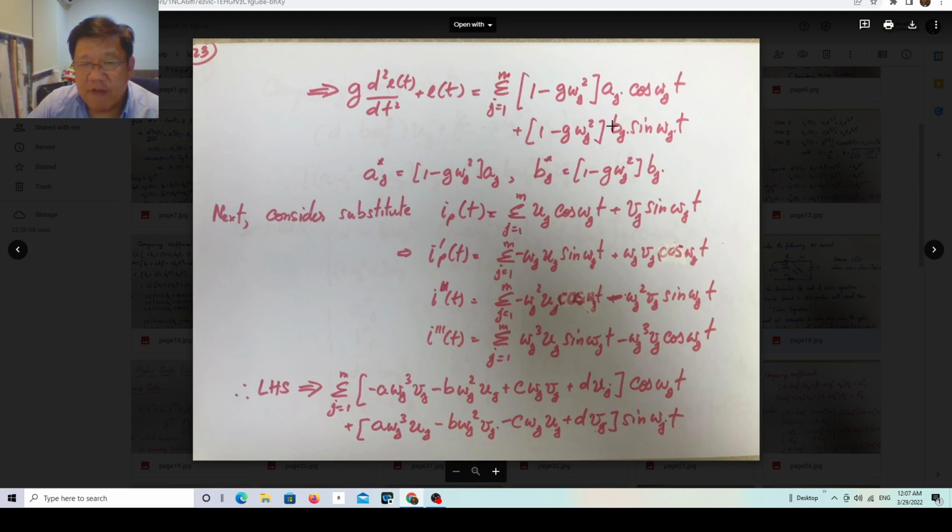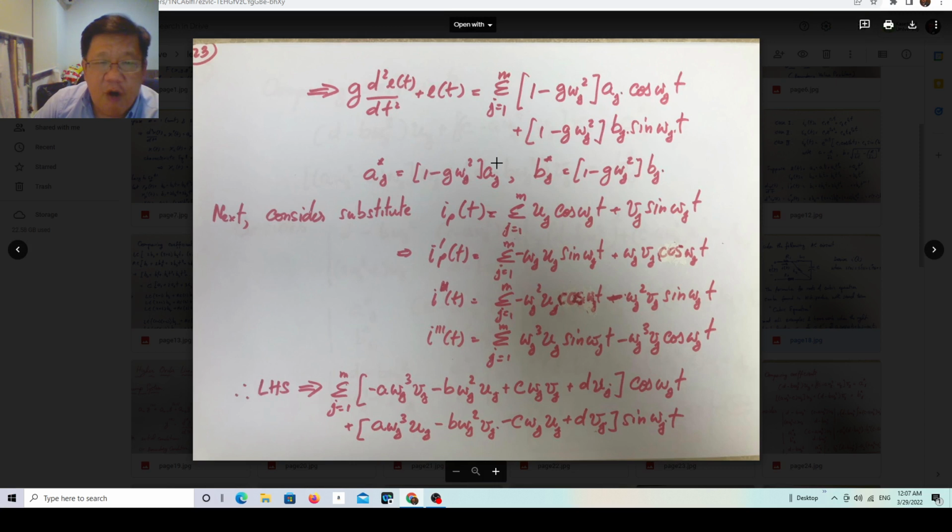Okay, and to simplify this one, I'm going to replace the new amplitude for cos omega j here as a star j, and b star j is the new amplitude for this sinusoidal sine omega jt here. So now you know the form.